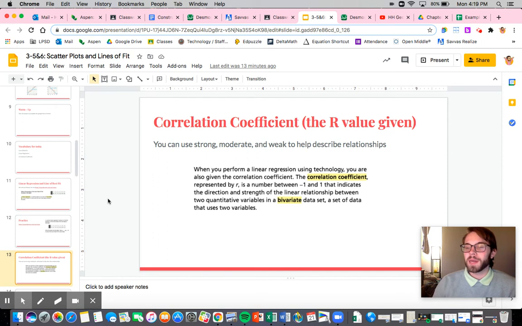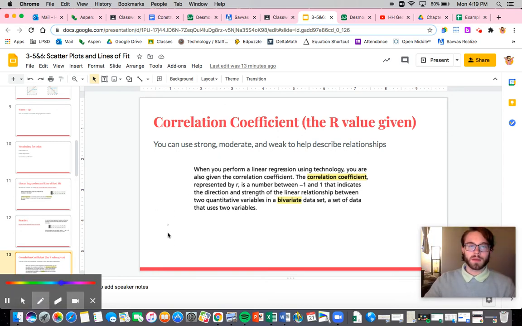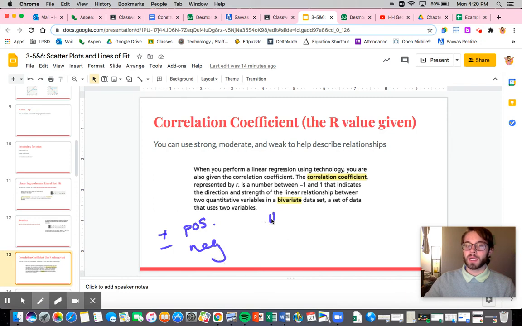The other piece of information is the number itself. So we're dividing it into positive or negative, and then into the number. The positive or negative just tells you if it's a positive correlation or a negative correlation, and the number component just tells you how strong of a correlation this is.